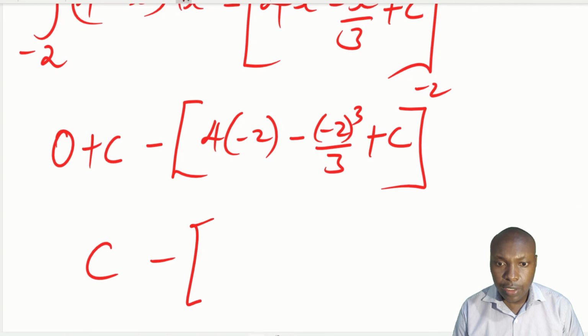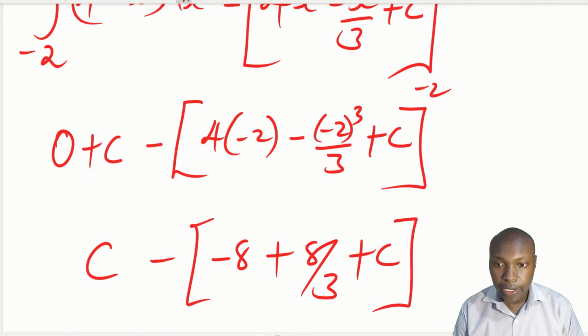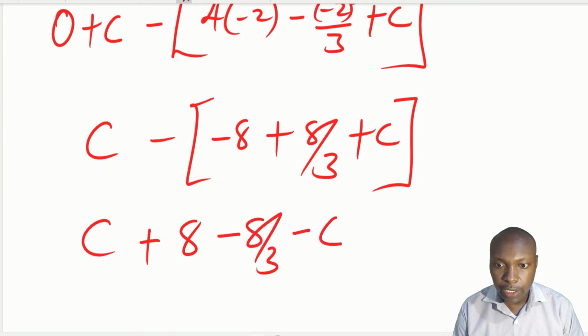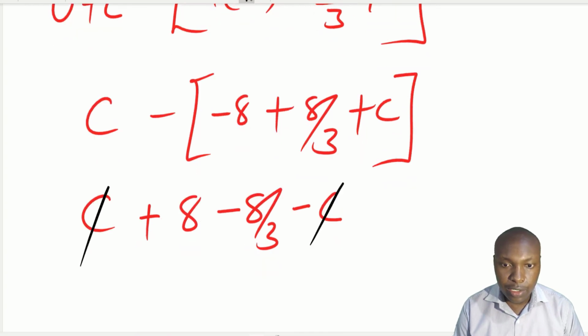So this gives negative 8, then minus negative 8 over 3, which gives positive 8 over 3 plus c. When you subtract these, you get positive 8, then negative 8 over 3, then subtract c. The c's cancel each other, and we definitely get 0.